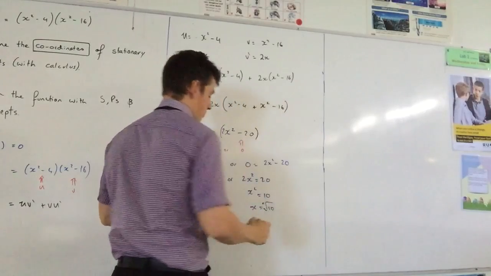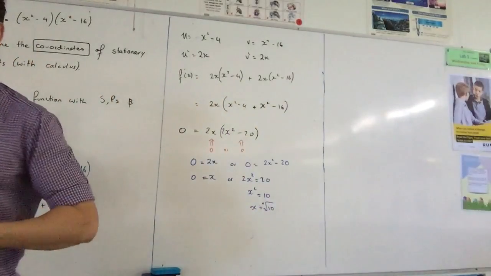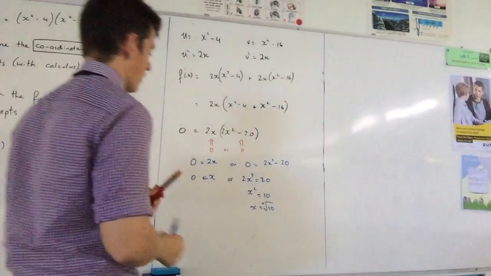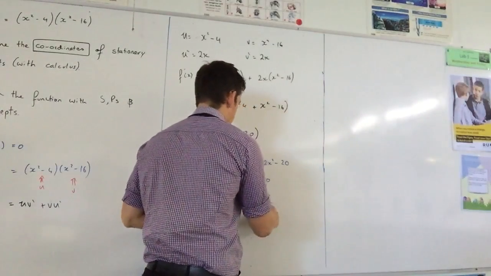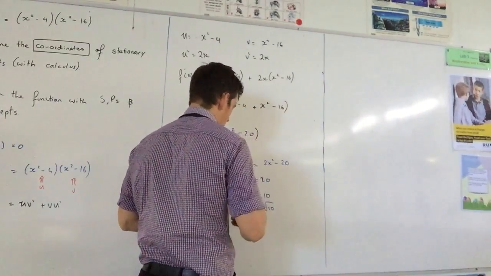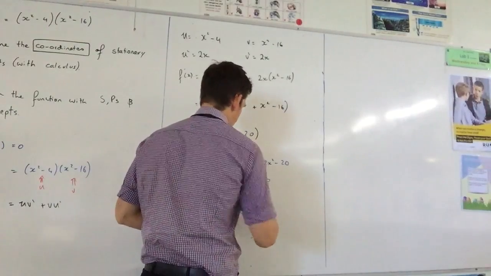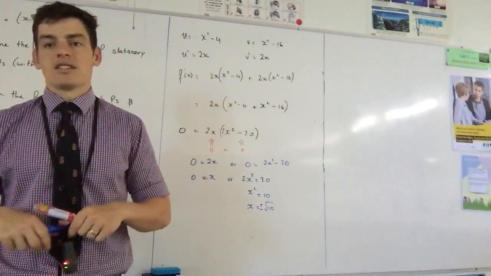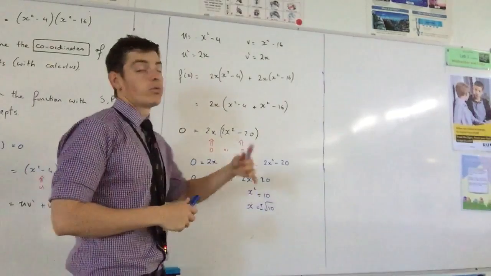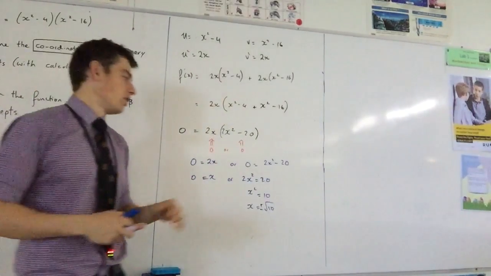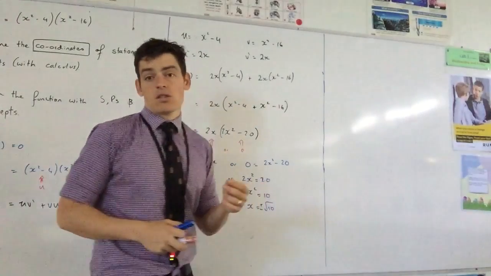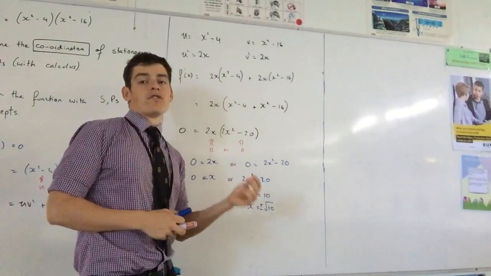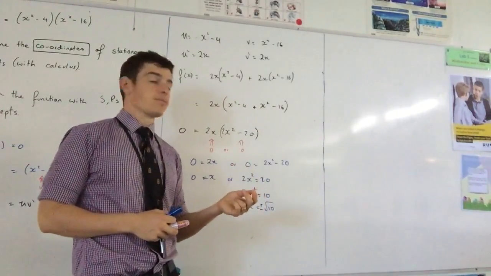Now that is a plus or a minus value. I should address why that's a plus or a minus before I go any further. It's a plus or a minus because when you apply a square root to a function, you're basically undoing a squared. So if I put in, let's just say, x squared equals 9, the square root of 9 gives us 3.